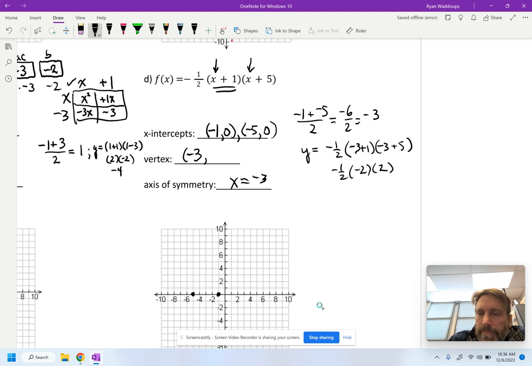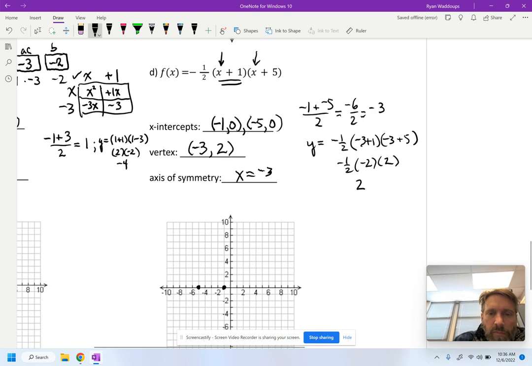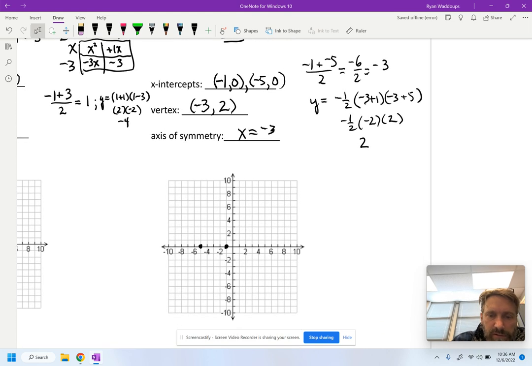And I have a negative times a negative, so that's positive. 2 times 2 is 4, and half of 4 is 2. And so the y-coordinate of our vertex is 2. And so I go here to negative 3, 2, and I show my point there.